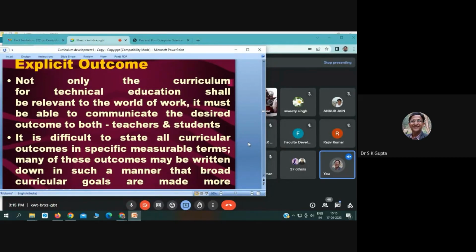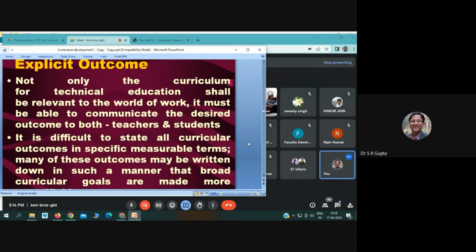We are developing some learning outcomes in the students. So when we prepare the curriculum, we must see that if I am including these contents in the curriculum, whether these are measurable or not, and what will be the benefit of these contents to the students, to the employer.